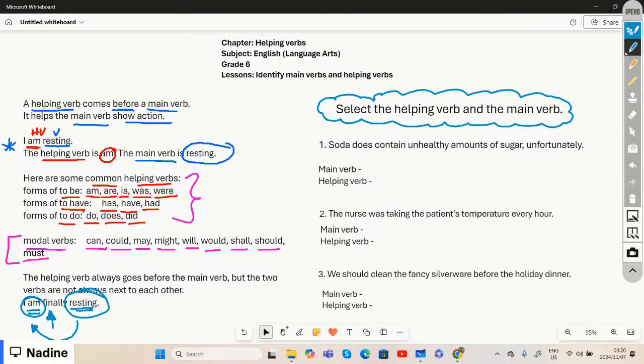Before we identify the helping verb, what is our main verb in the sentence? It says soda does contain unhealthy amounts of sugar. We need to select the main verb first within that sentence.